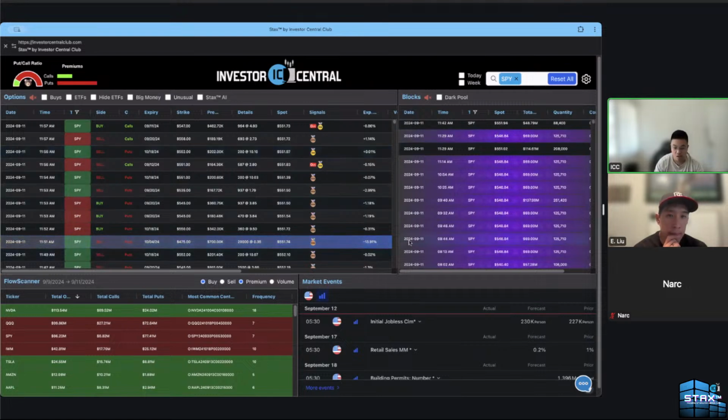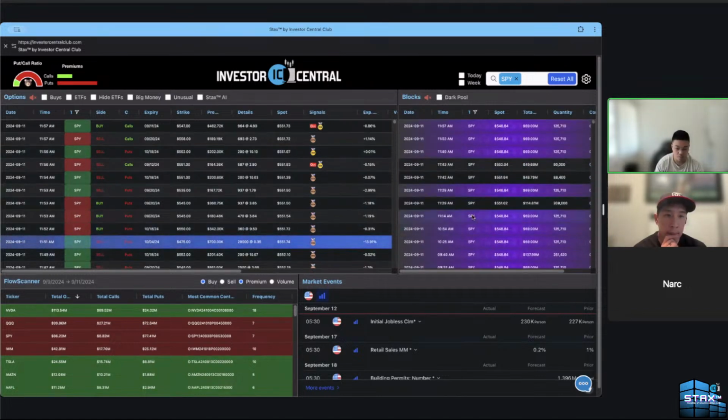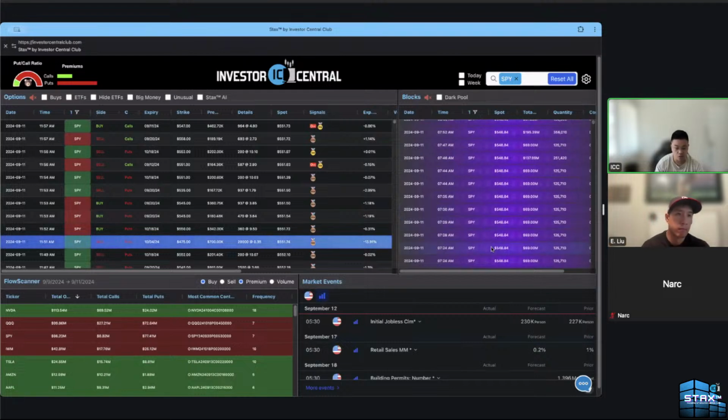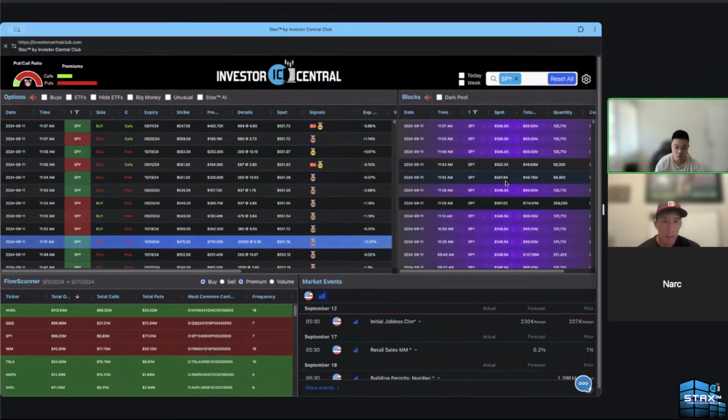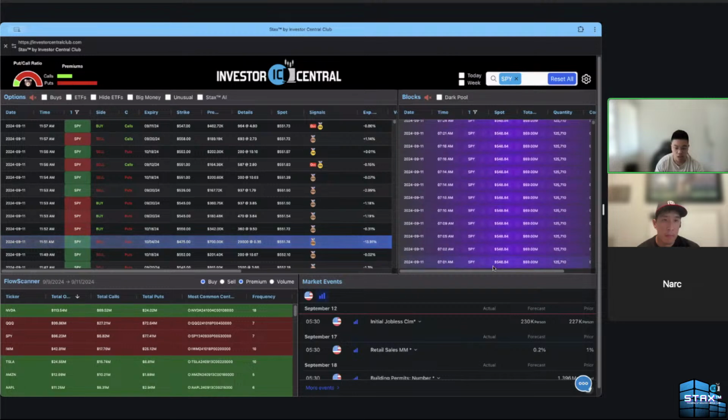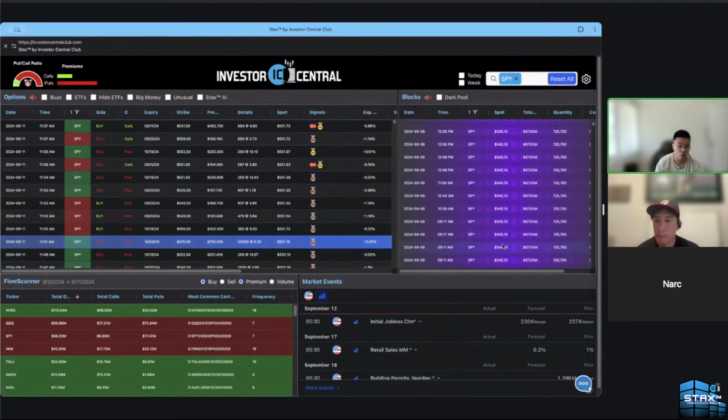But again, if you're using Stax right now, end of day is totally fine. When the market closes, you'll see a ton of dark pool come out. And when you find certain levels, 540.15, 546.41, 38 million, these are the levels that you should be putting onto your charts. You can note them however you want and just state, these are dark pool levels.